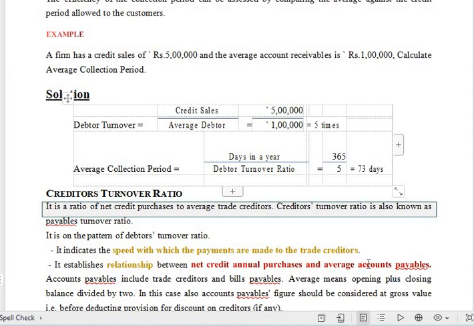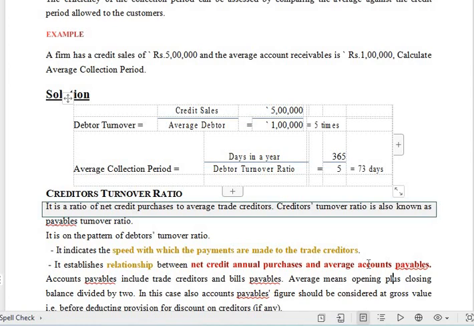It relates the credit purchase you have made from the supplier to the average accounts payable, that is, how much you pay on average to the supplier or creditor.